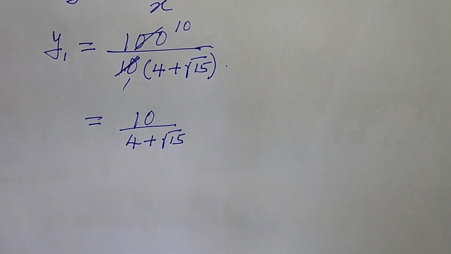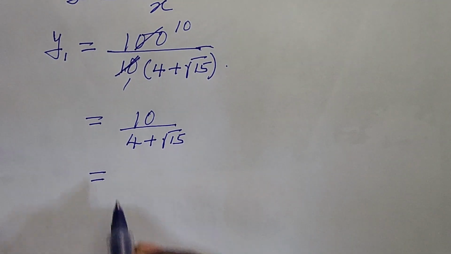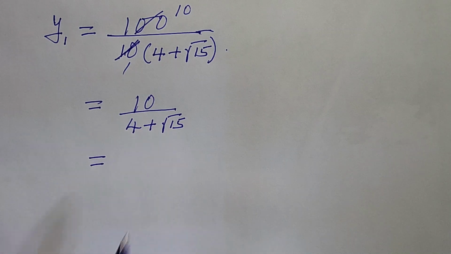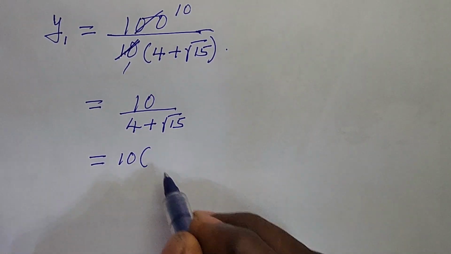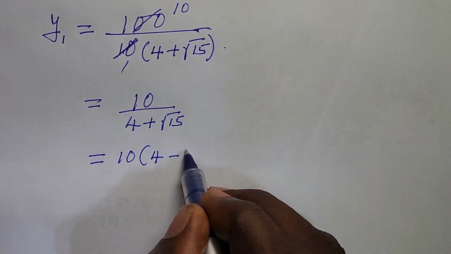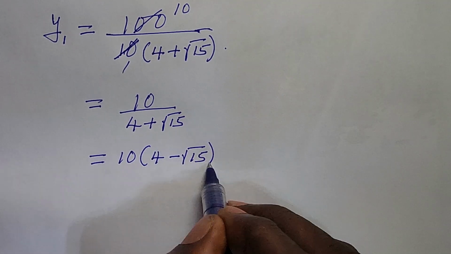Now look at what we have here now. This is solved. So we can rationalize the denominator. If we rationalize the denominator, we multiply by the conjugate. This is going to be 10 into 4 minus the square root of 15, which is the conjugate.